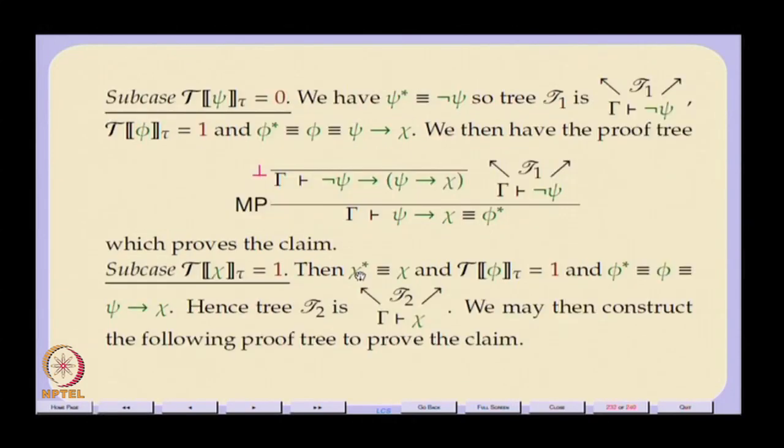So, in the case when psi is assigned false and it does not matter what chi is, we have psi star is not psi. So, that means our induction hypothesis says that there is a proof tree T1 of this form, and phi must therefore be true, which means phi star is the same as phi, which must be syntactically psi arrow chi. So, now we then have this proof tree.